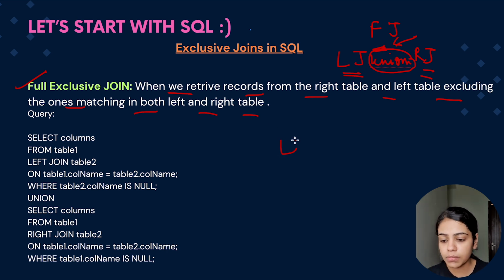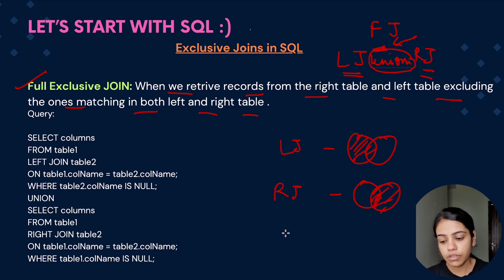In the left join we get all the details of the left table along with the common rows, and in the right join we get all the details of the right table along with the common ones. So if we do a union of left join with right join, this particular area could occur twice, but union makes sure that it doesn't.